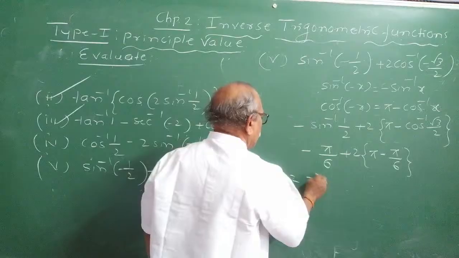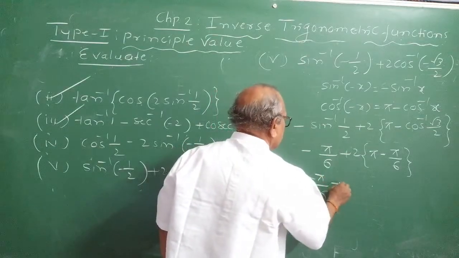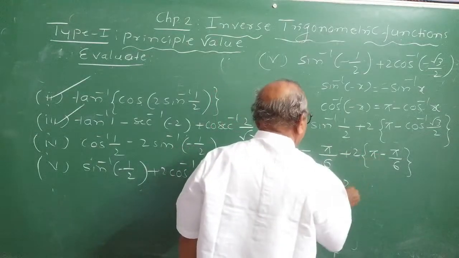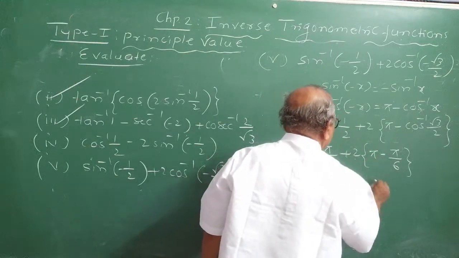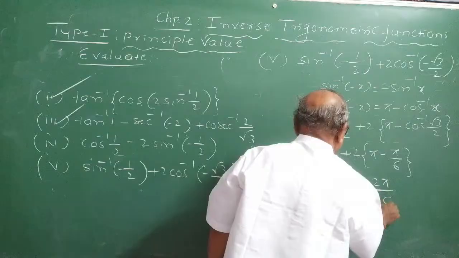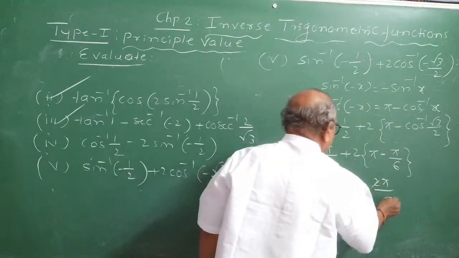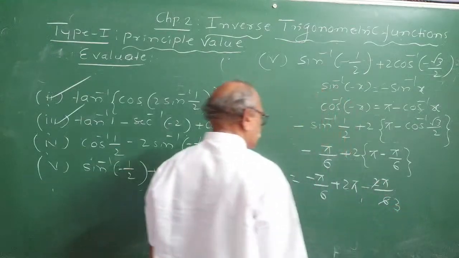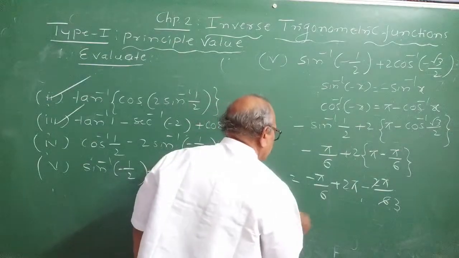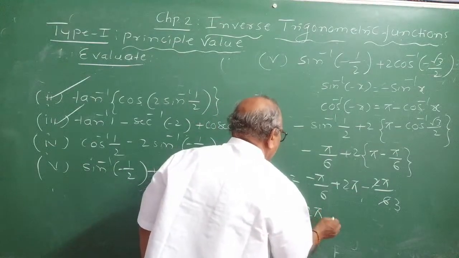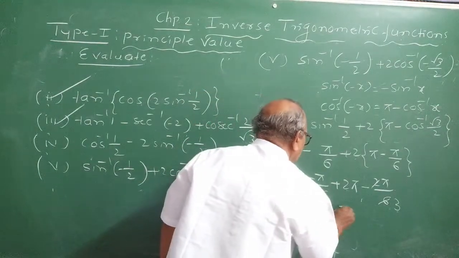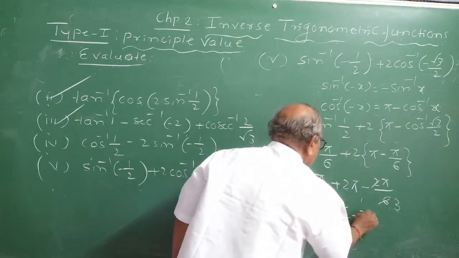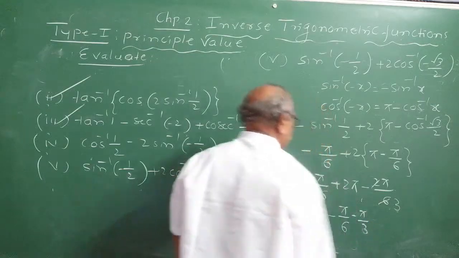You can write down minus pi by 6. Remove the bracket. Plus 2 into pi is 2 pi. Plus into minus is minus. You will get 2 pi by 6, minus pi by 3. You can write now 2 pi minus pi by 6 minus pi by 3.